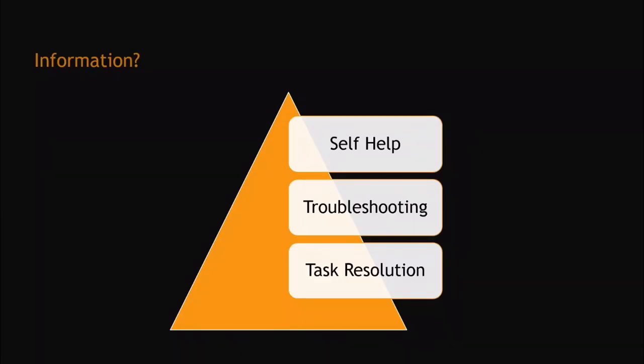The types of information we share are self-help, troubleshooting, task resolution. All this information we store in the knowledge management so that users can use this information to troubleshoot or resolve tasks. Those pieces of information will be useful for the users.